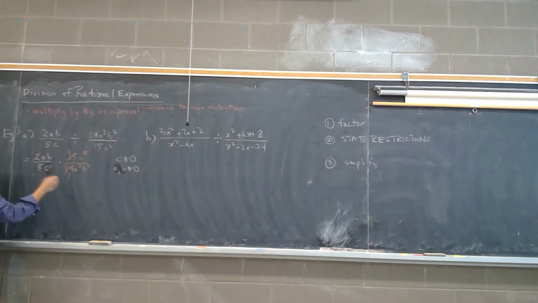This a changes this a squared to 1 a. And this b stays. So what are we left with? 1 times 3, 3. 1 times 7, 7. c, a, b. And that's the simplified divided answer.